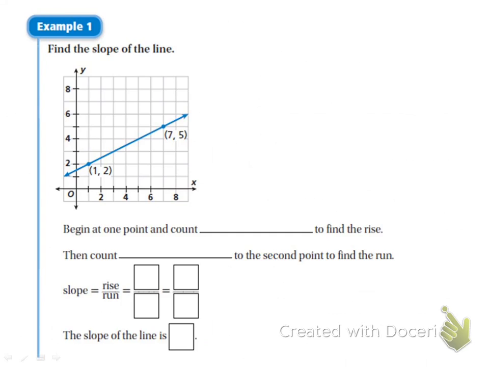Okay, let's look at number 1. For example number 1, we're going to find the slope of the line. So we're going to begin at one point and count vertically to find the rise.